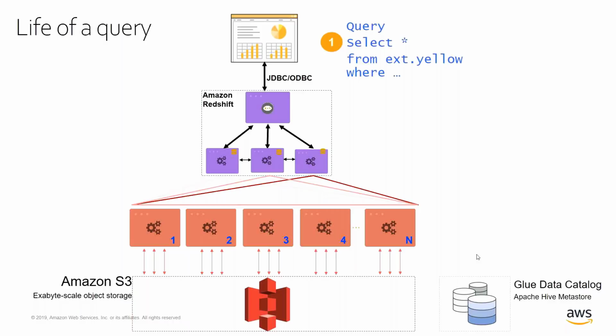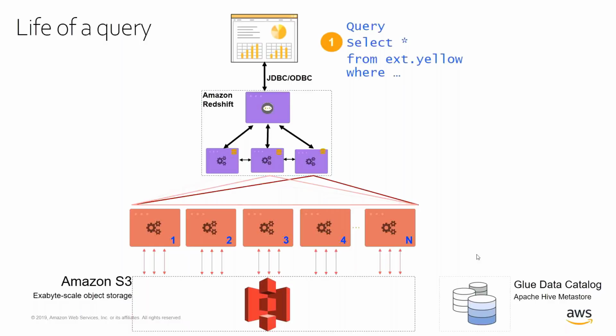What Spectrum does is Spectrum is smart enough to understand how much data you're querying, and it will scale accordingly. You don't have to worry about it. That's the nice thing about Spectrum. All you would do as a user is connect Redshift to that external database, such as NYC Taxi, create that external schema, and write your queries.